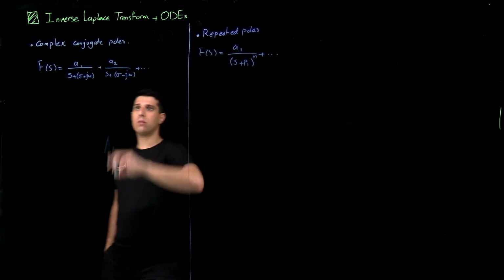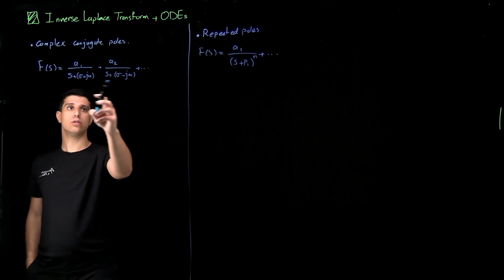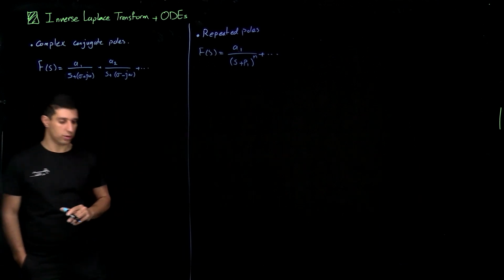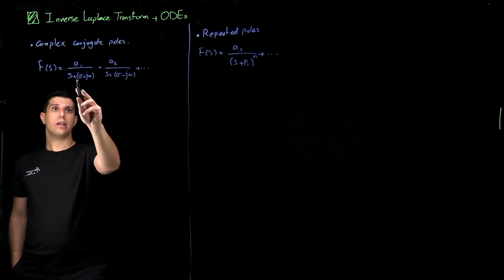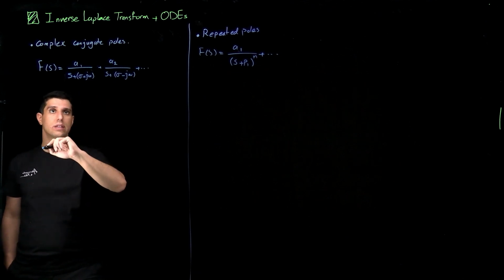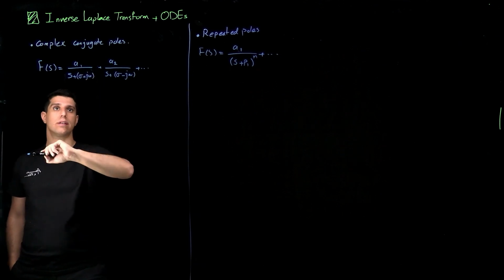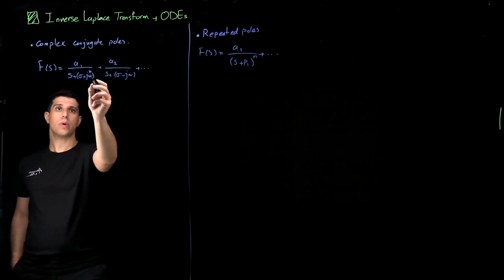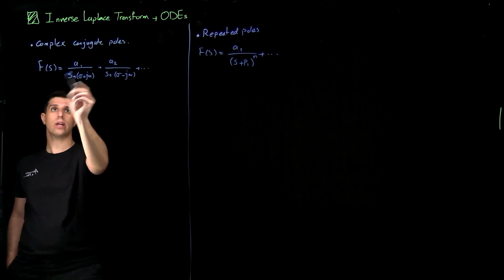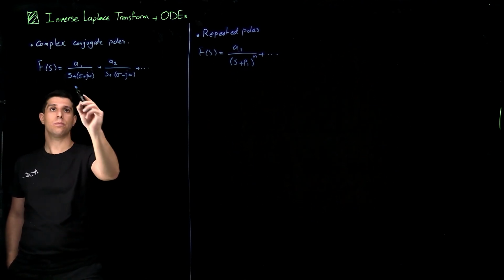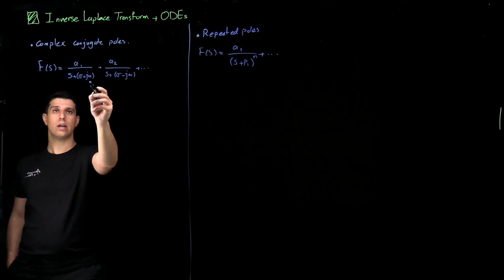If there are complex conjugate poles, we usually do not want to break them up into this form. The reason is, if we try to do this and want to calculate A1, for instance, we have to multiply both sides by s plus sigma plus j omega, and then put s equals minus sigma minus j omega.